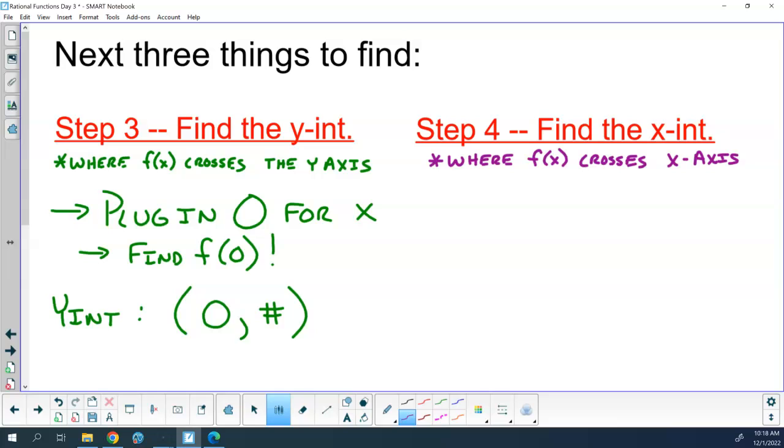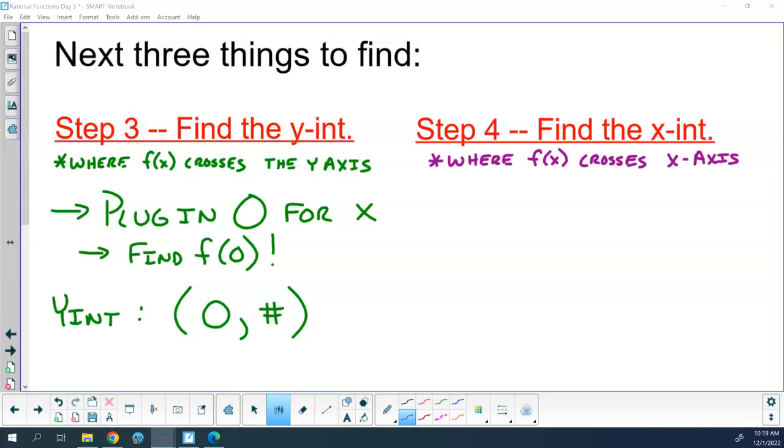Rational functions are fractions, right? When does a fraction equal 0? And it's the only time a fraction equals 0.